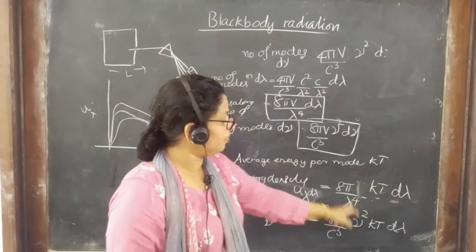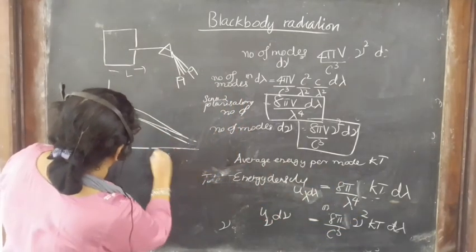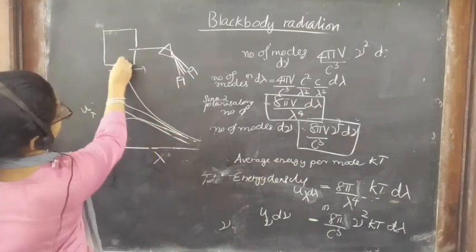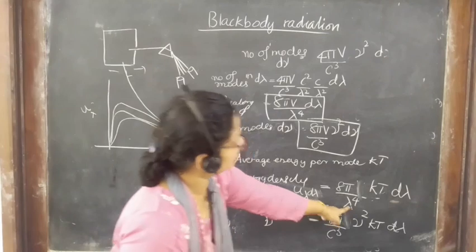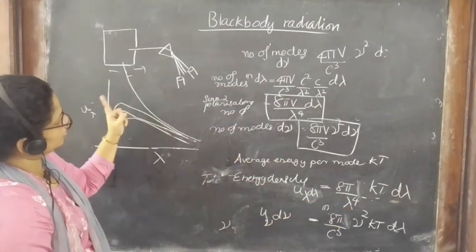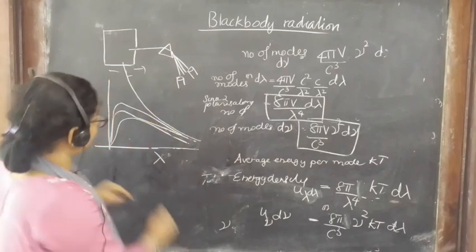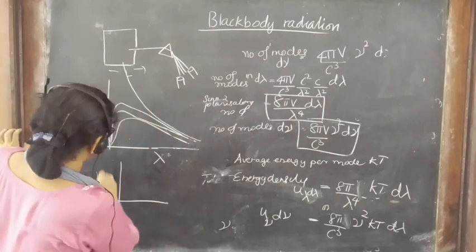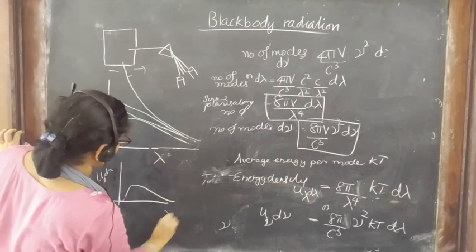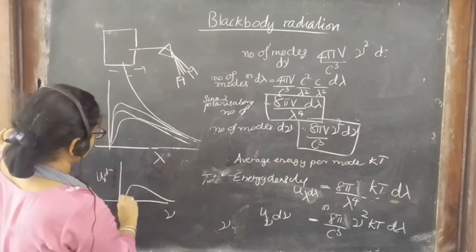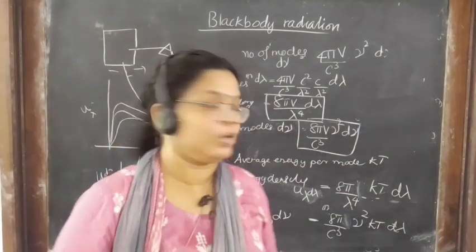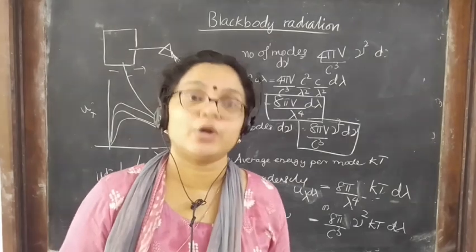Lambda raised to 4 means when the wavelength becomes small, this curve will go to infinity. So this is the ultraviolet catastrophe. In the frequency case, u mu d mu increases as frequency increases, so this is wrong. It doesn't go to infinity in reality. So these expressions are wrong.